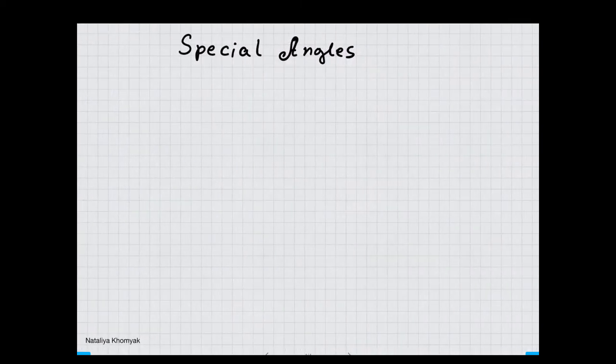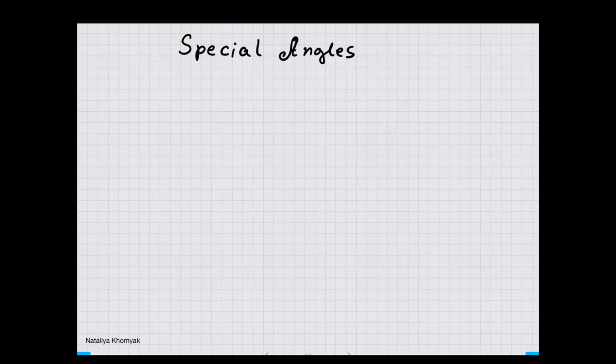So you may or may not have had to memorize special angles so far, which are 30, 45, 60, 90 ratios. Here's a nice shortcut for figuring out what those ratios are if you have forgotten your tables.